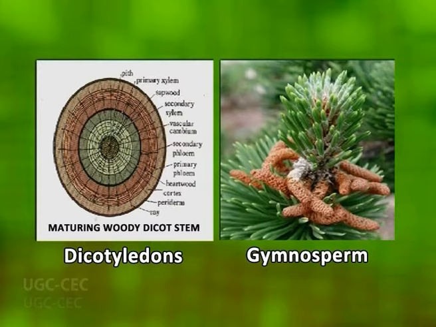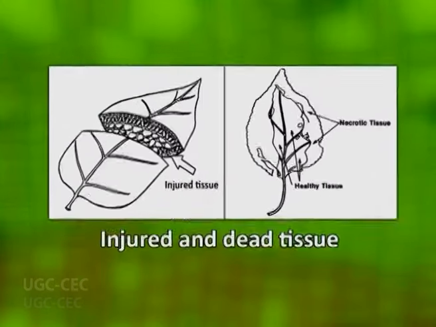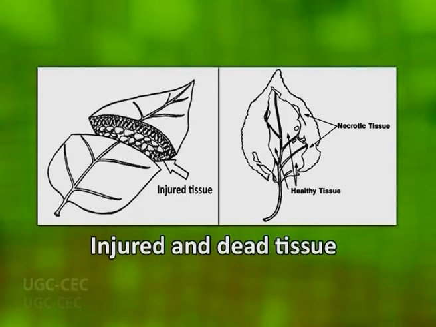Some monocotyledons may also form periderm, although mostly they have secondary protective tissues of a different kind. Periderm also develops in places which are exposed due to leaf or branch abscission and around injured or dead tissues resulting from wounding or by disease.